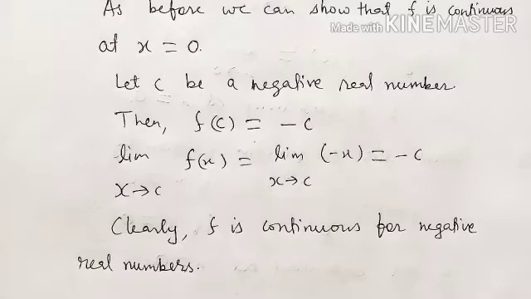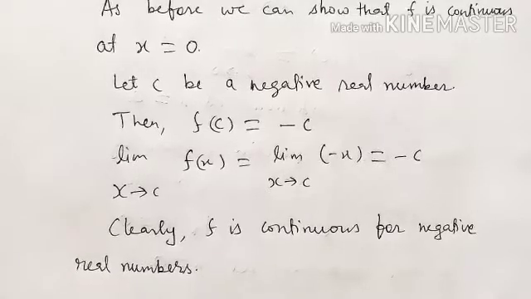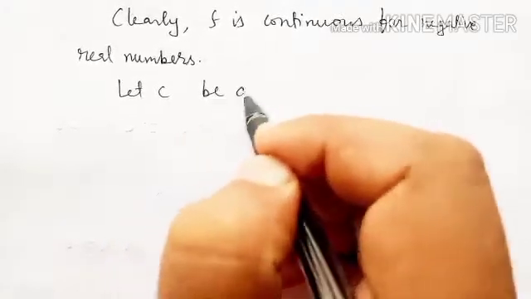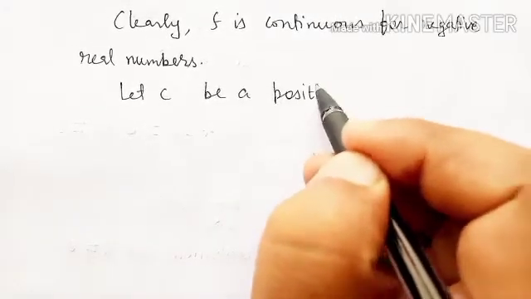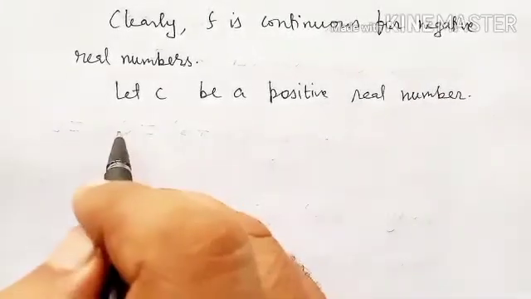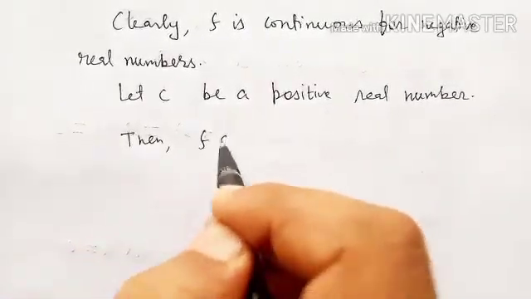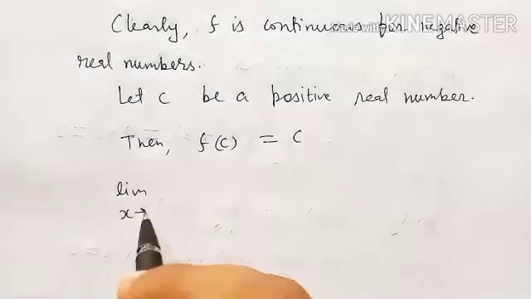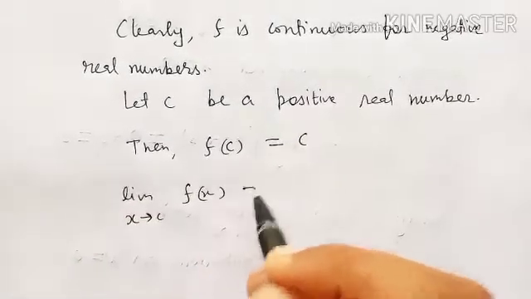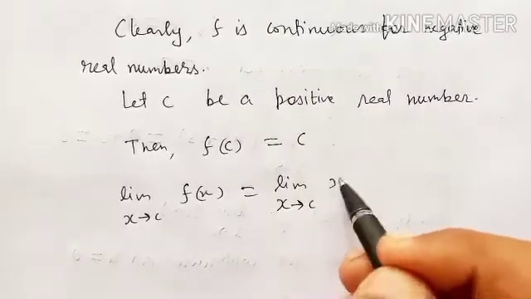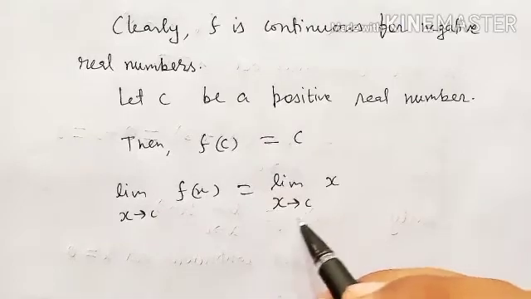Now let us prove for positive real numbers. So let c be a positive real number. Then f(c) is equal to c. Now limit x tends to c of f(x) is equal to limit x tends to c of x, for positive real number c, f(x) is x.